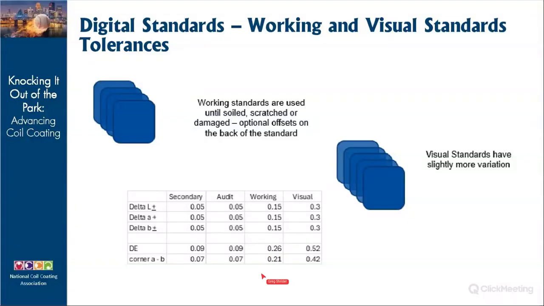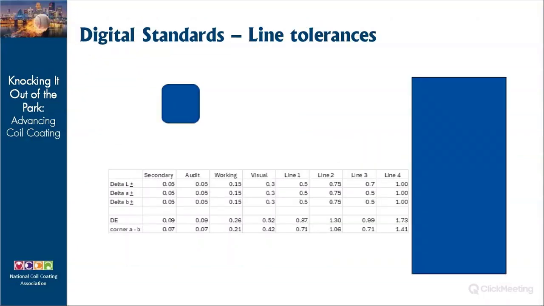So for those, the tolerance gets opened up. And then you can distribute those, and then we start looking at line tolerances. So here we have various line tolerances that could be in play in any given production setting.